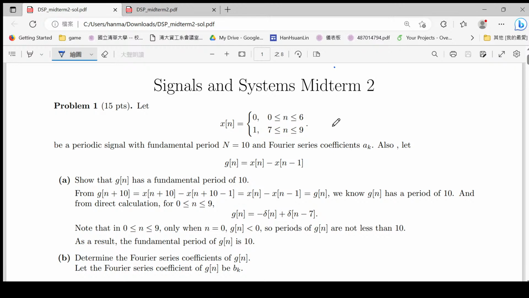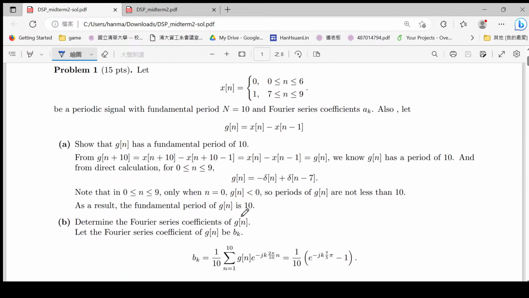Midterm 2, and yeah. So first question. This is a bit similar to what I've done before. So it's a kind of question where you take the difference of your signal and you calculate the Fourier transform of the difference, and you go back to the Fourier transform of the original signal x of t.